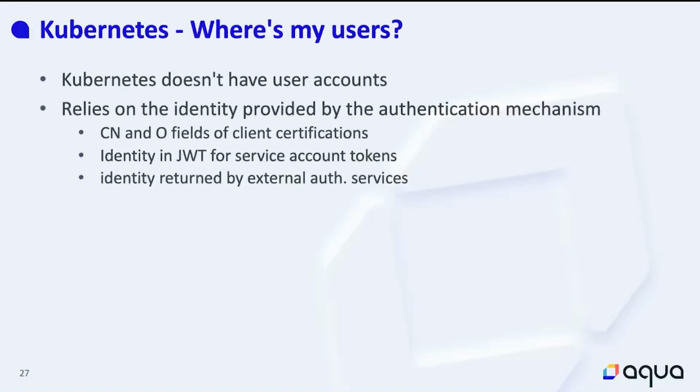So the next part is something else that's really specific to Kubernetes: unlike other multi-user systems, it doesn't have user accounts. So you don't have by default a list of different users who can access your cluster, meaning you have to find other ways to keep track of who can actually access your resources, which is a lot of fun. So how does Kubernetes ultimately do it? How do they know that the request is legitimate? It's really through the authentication mechanisms that you're using.